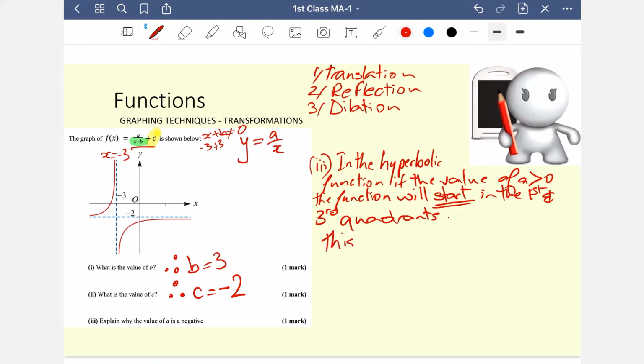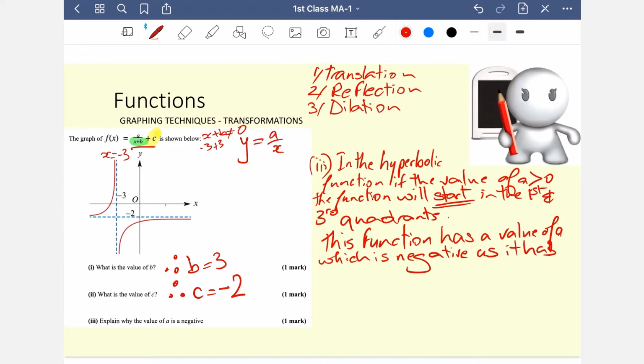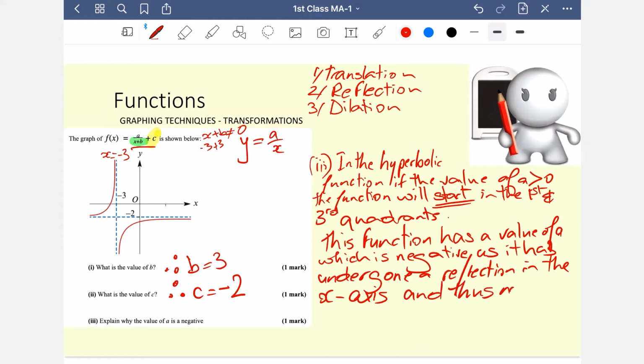Okay, this function has a value of a which is negative as it has undergone a reflection in the x-axis, and thus now starts in the second and fourth quadrants.